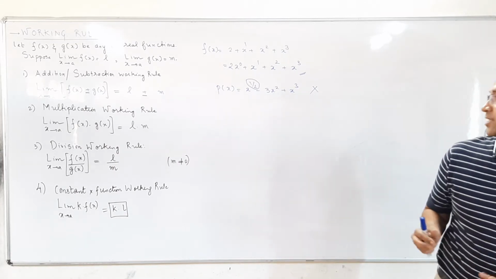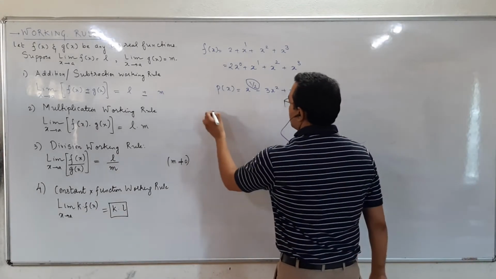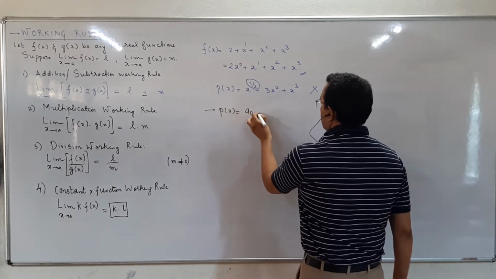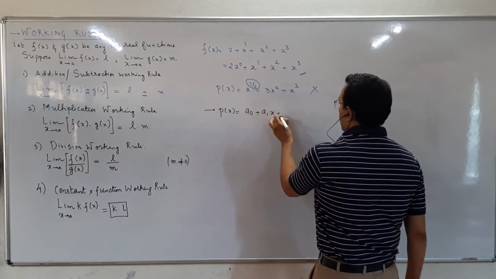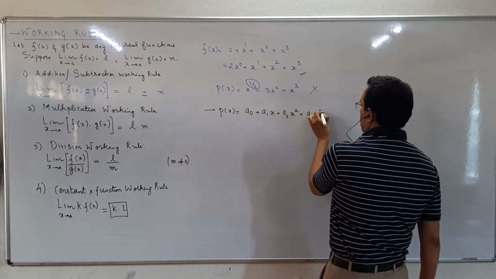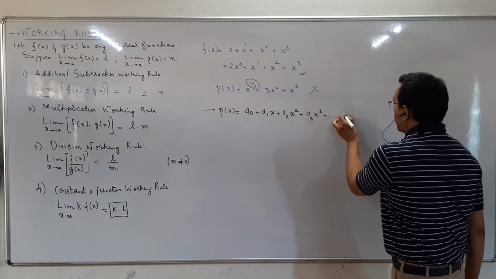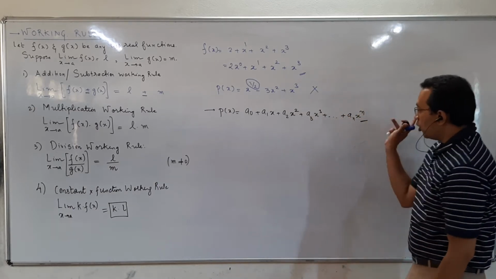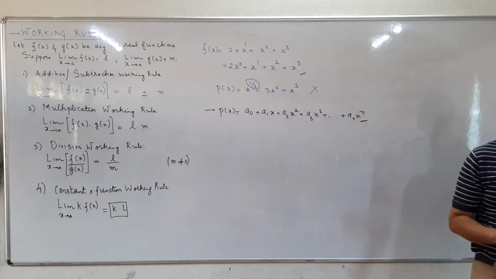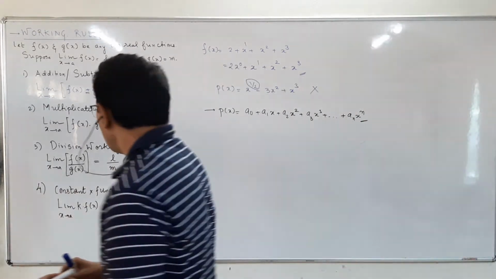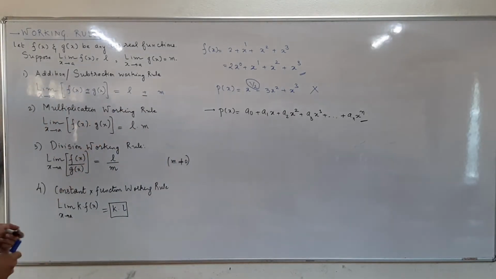A general form of a polynomial function is a0 plus a1 x plus a2 x squared and so on up to an x raised to n, where all the powers of x are integers and a0, a1, a2, a3, up to an are coefficients. a0 is a constant term.